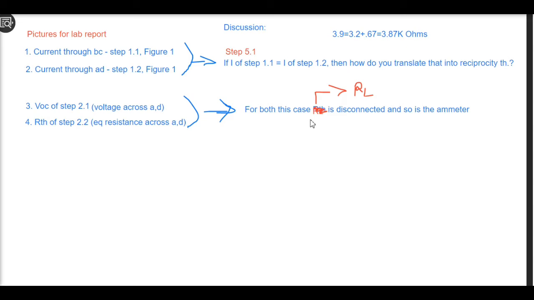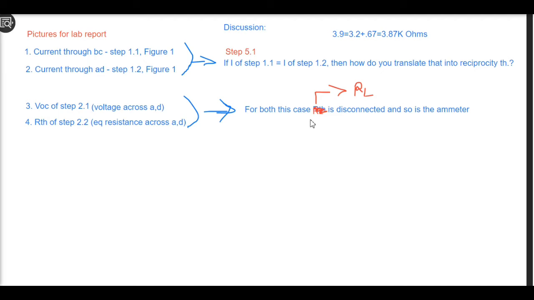For both cases, if you observe, there is an ammeter and a potentiometer, which is the load for this circuit. Those 2 have to be disconnected from the circuit, because an ammeter is not a source.